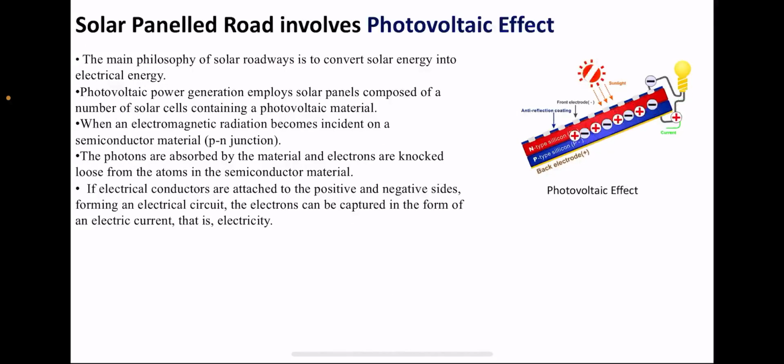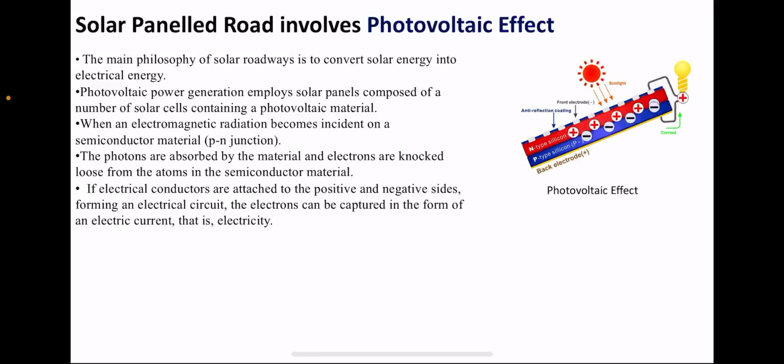Solar panel road involves the photovoltaic effect. The main philosophy of solar roadways is to convert solar energy into electrical energy. The photovoltaic power generation employs solar panels composed of a number of solar cells containing a photovoltaic material.